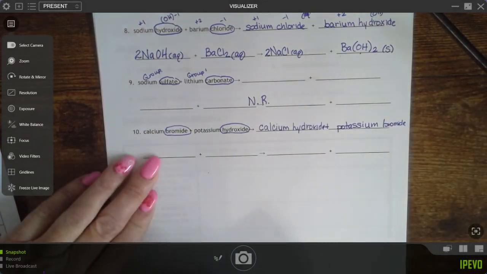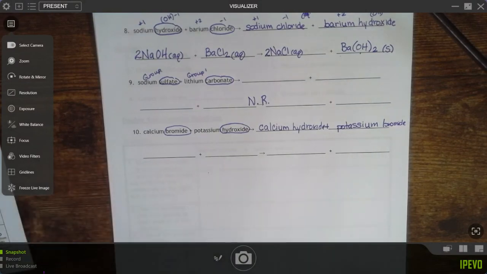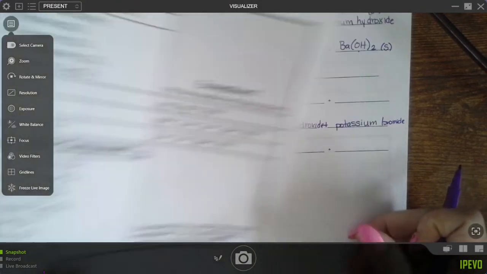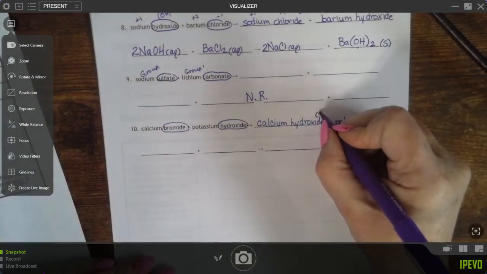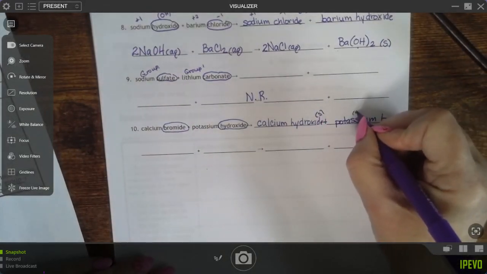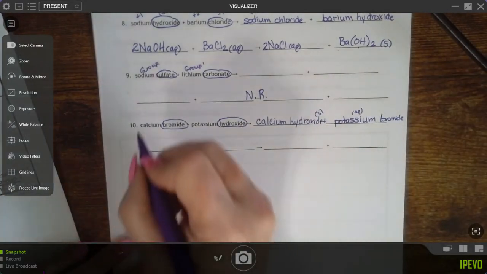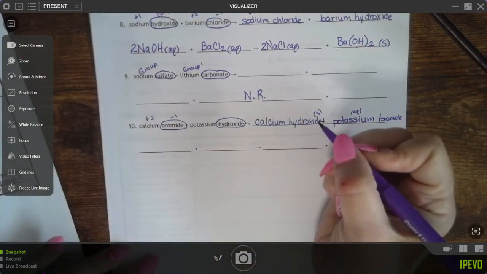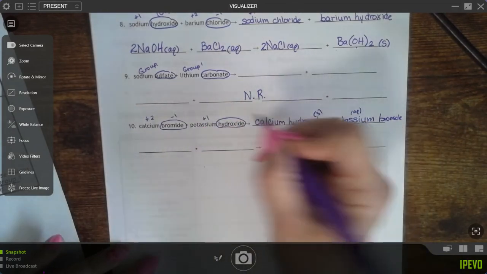All right. Let's look at our solubility rules. We said that hydroxide is going to be our solid. Since this is a group 1 metal, this is aqueous. Calcium has a +2 charge. Bromide a -1. Potassium a +1.